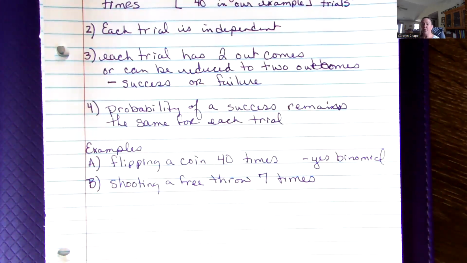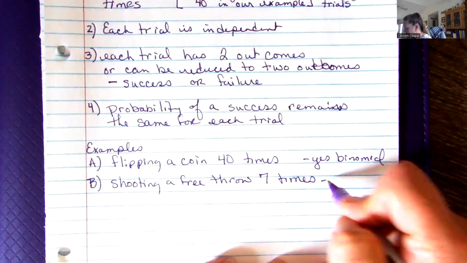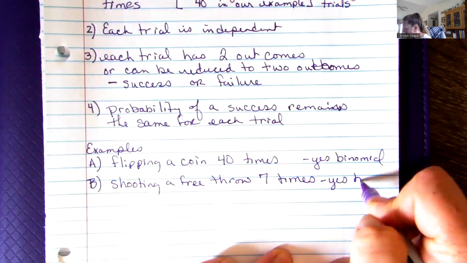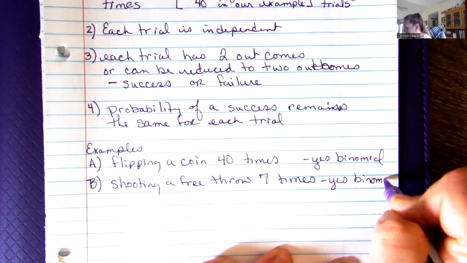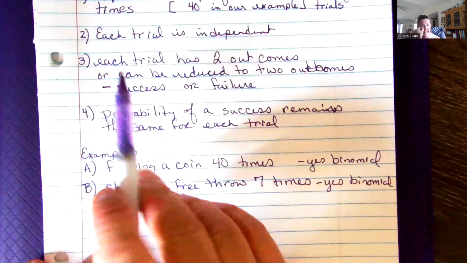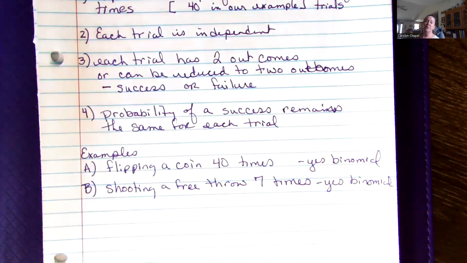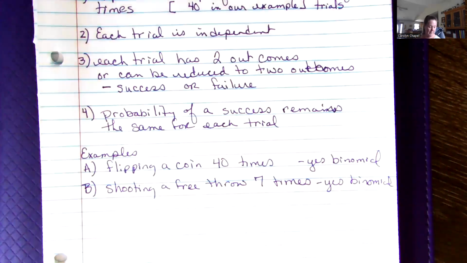But for mathematical or statistical purposes, we're going to say that, yes, this is a binomial. When in reality, it may not necessarily be that, because each trial may not be independent. What happened on your first shot may affect what happens the second time you shoot a free throw, because we're human.